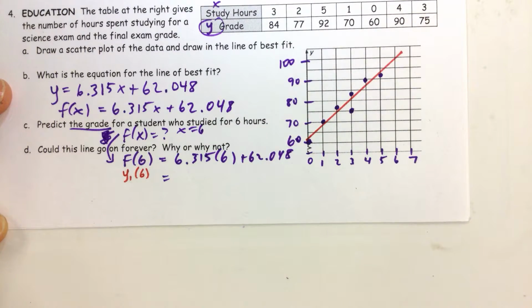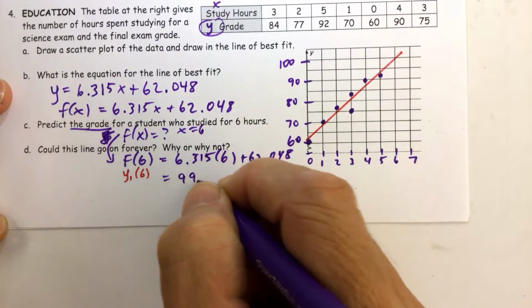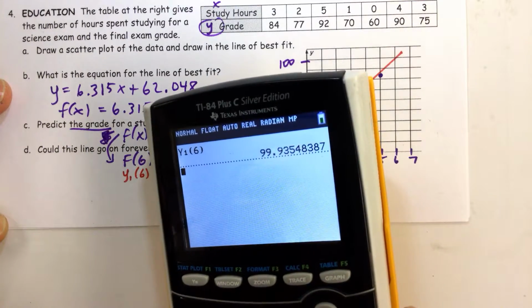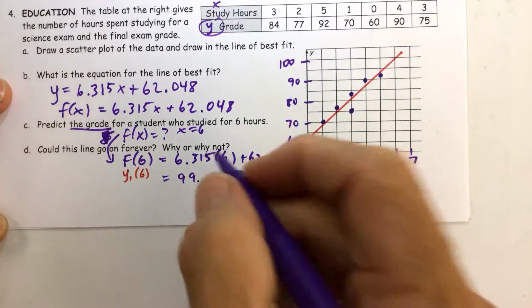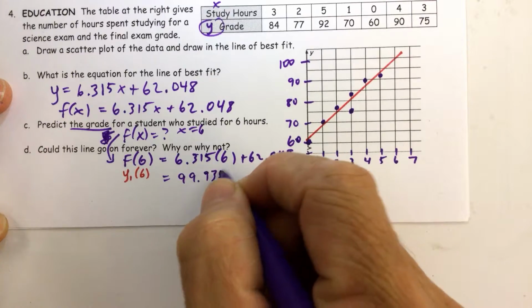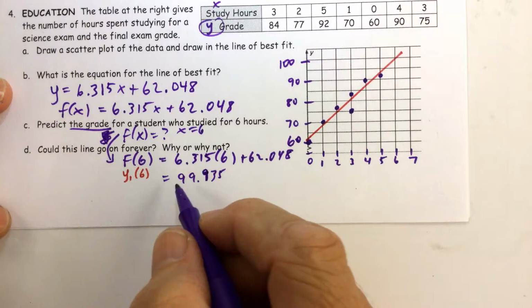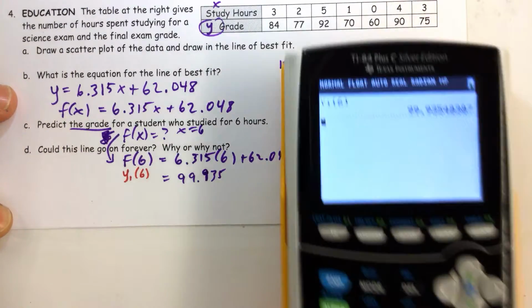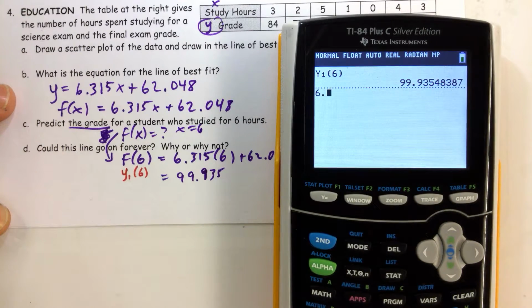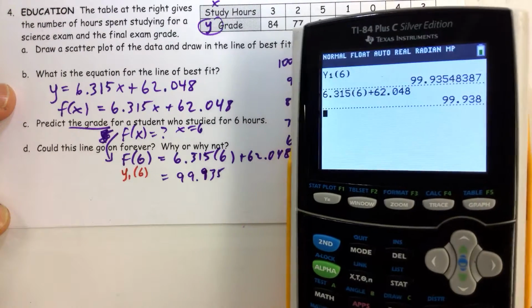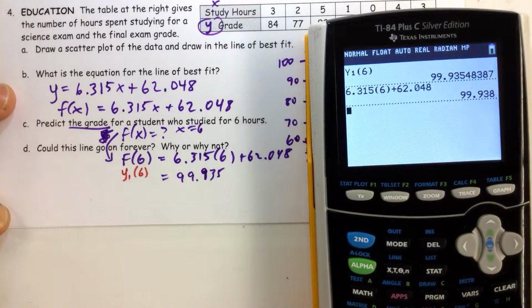We want to write that number down, 99 point 935. That shows me that you plugged it into your calculator accurately. Just to reiterate, if you did type in 6.315 times 6 and added 62.048, you'd get 99.938, which is a little different.